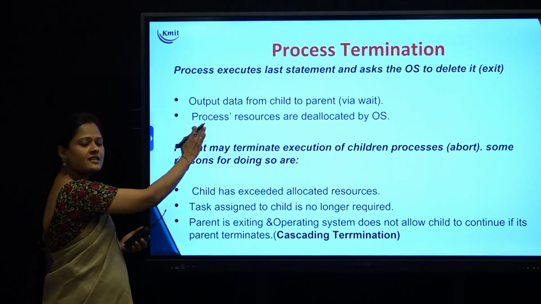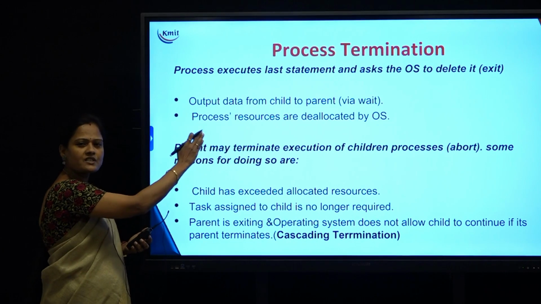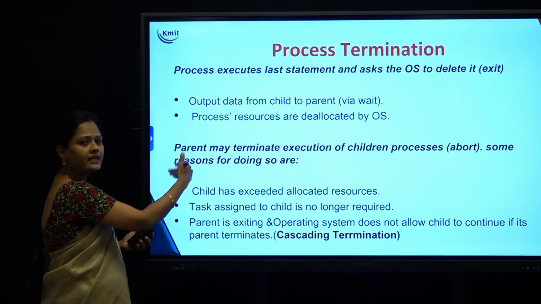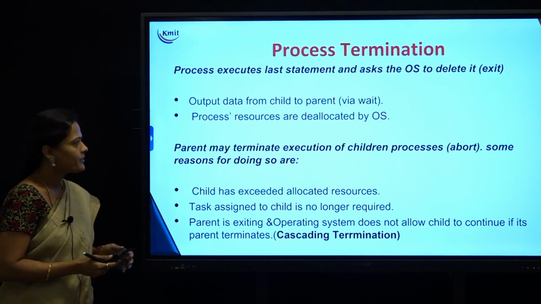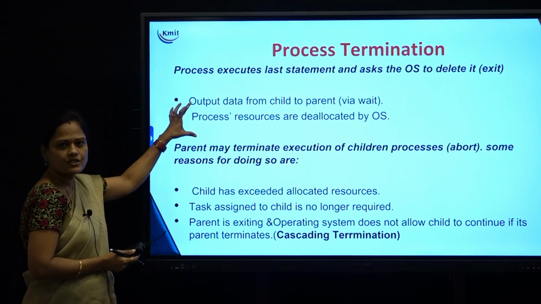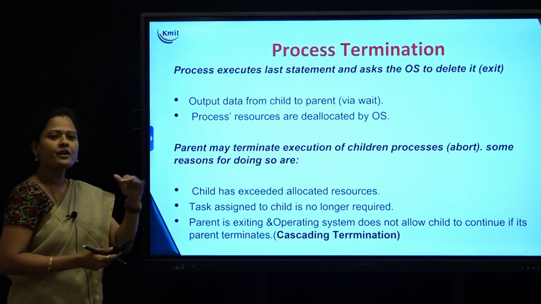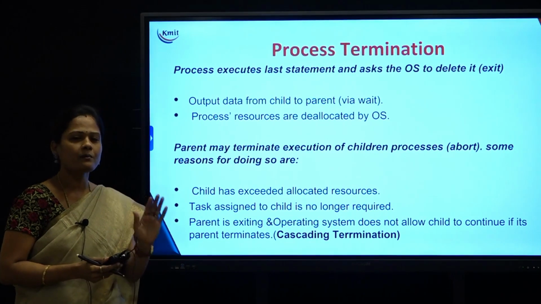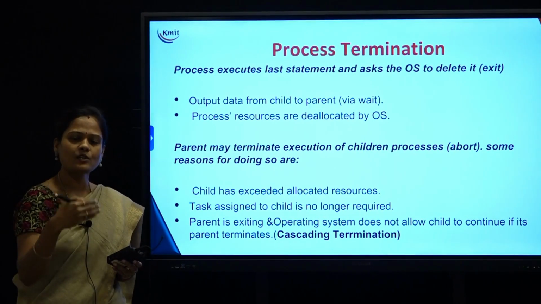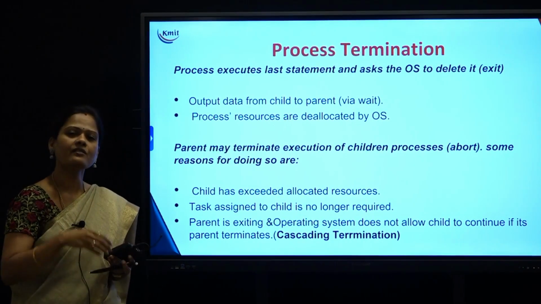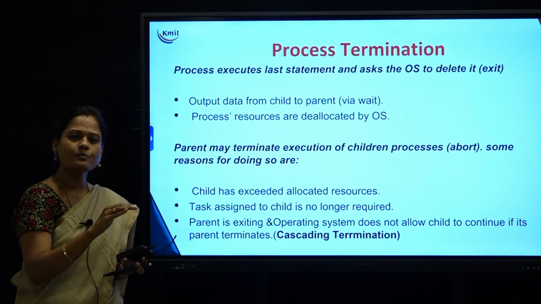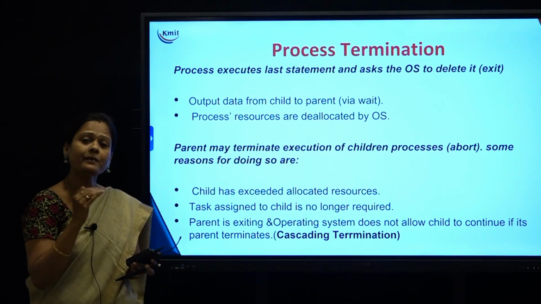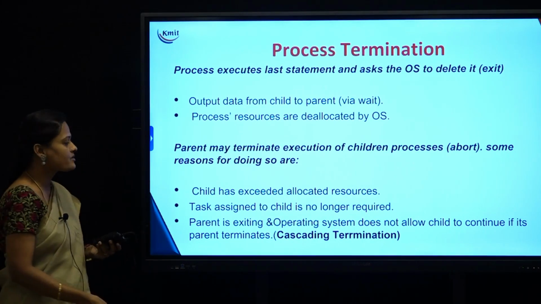And all the resources which are allocated to the particular process which has exited will be deallocated by your operating system. This is your normal termination, whereas when you go for a parent process which has created the child process, the child process can get normally terminated by itself, or in the worst case the parent process abnormally aborts the child process. Why would the parent process abort the child process?